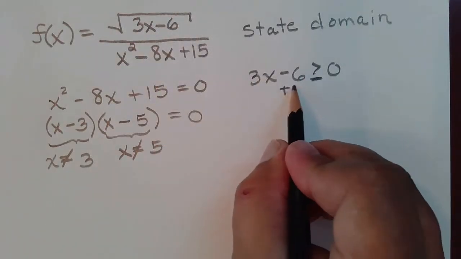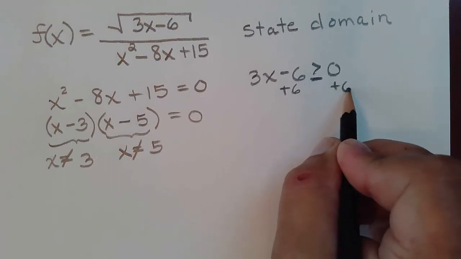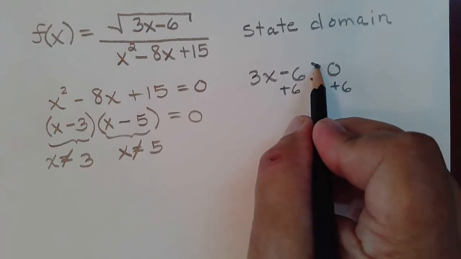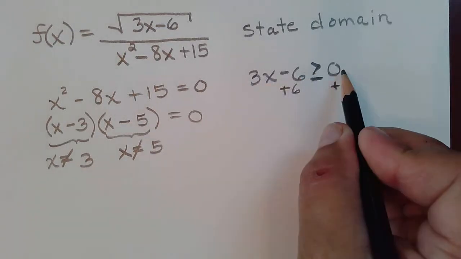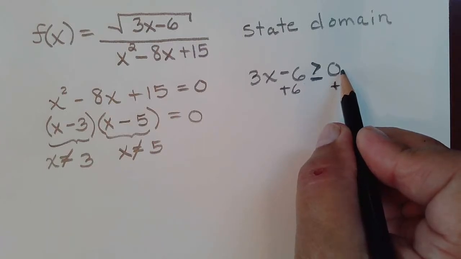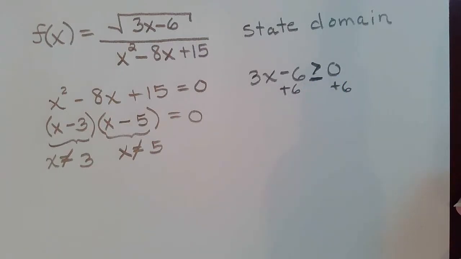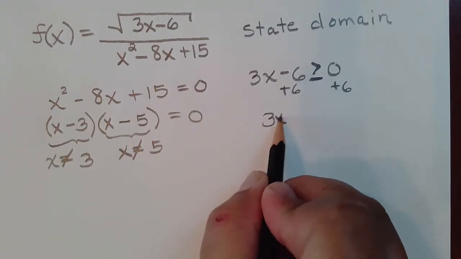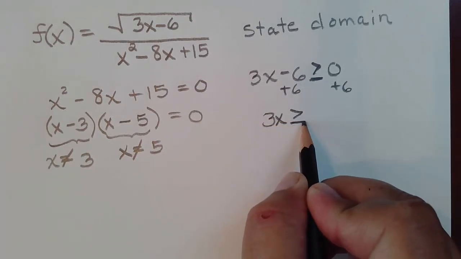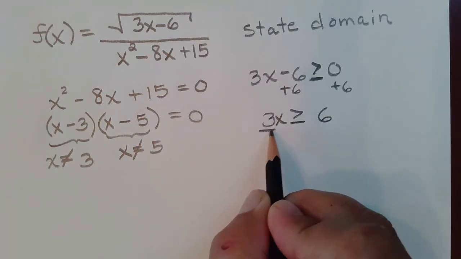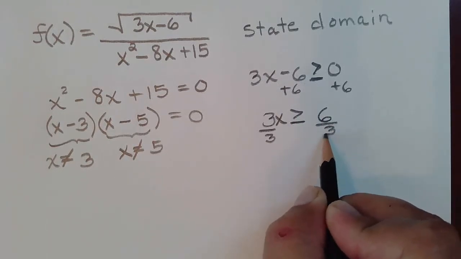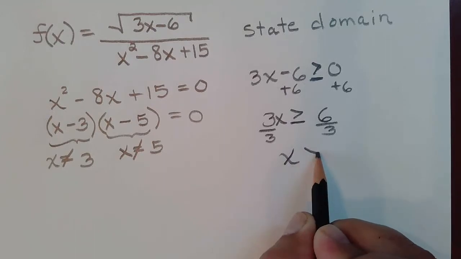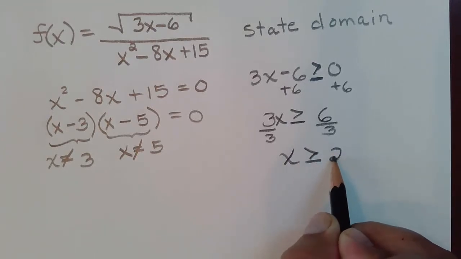We're going to add 6 to both sides to see what x values force this to happen. 3x minus 6 being greater than or equal to 0. We're now going to find the values that will allow that to happen. Add 6 to both sides. You have 3x greater than or equal to 6. Divide by 3, and you get that x is greater than or equal to 2.